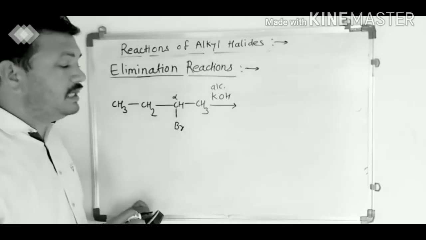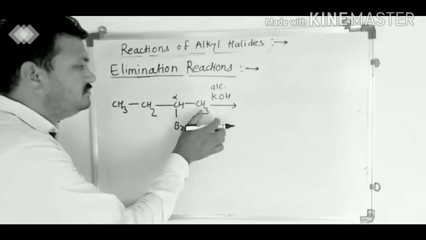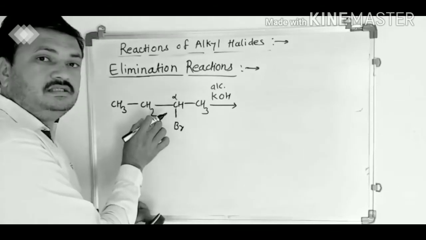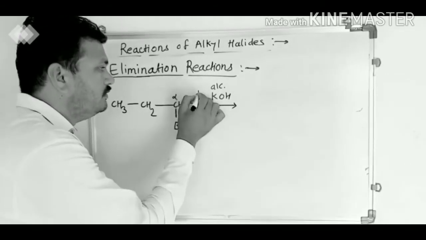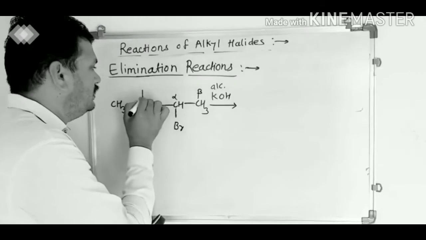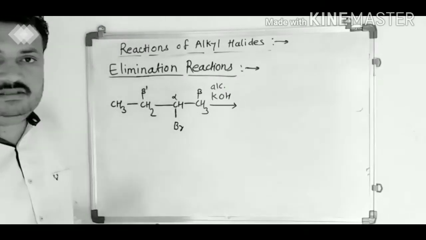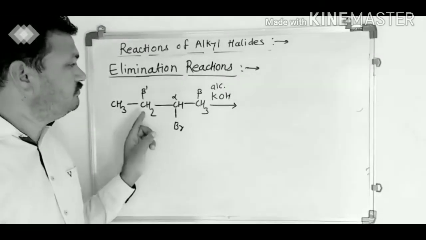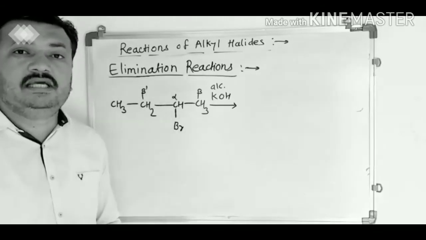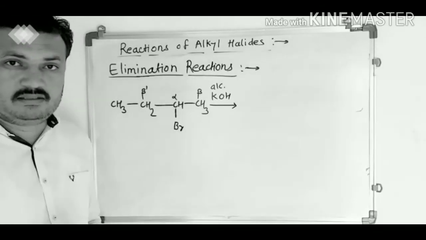Now there are two types of beta carbon. One is methyl, another is CH2. Therefore we name it beta dash. We have two types of beta hydrogen. In this case, we get two types of products.